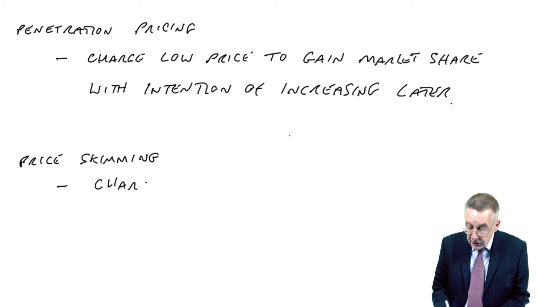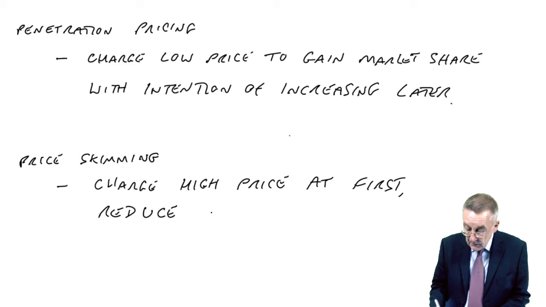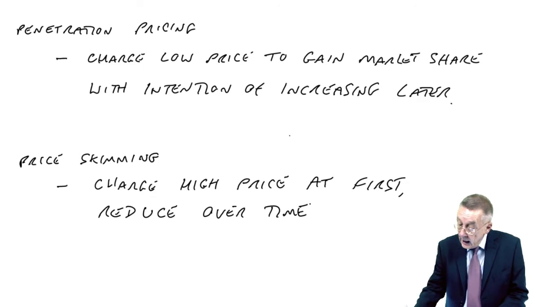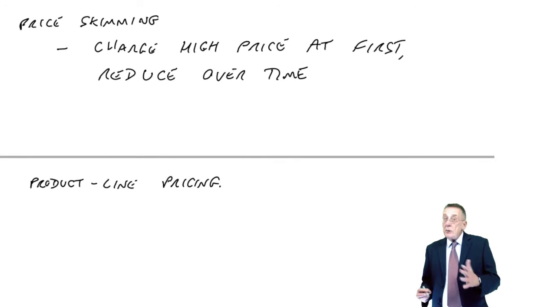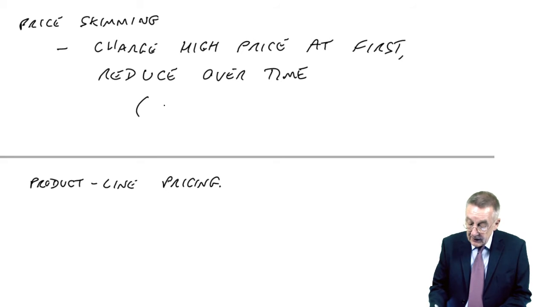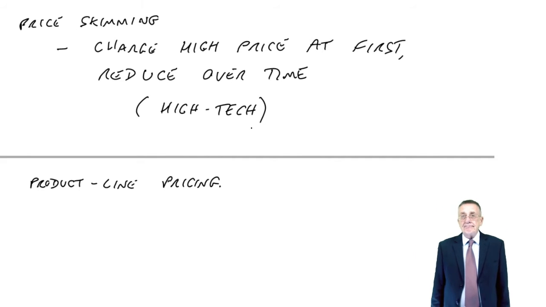It's where you charge a high price initially, at first, and reduce it over time. And as I say, it only works really with high-tech products, technology. That's where you most see it.